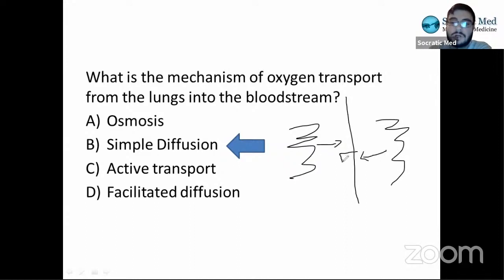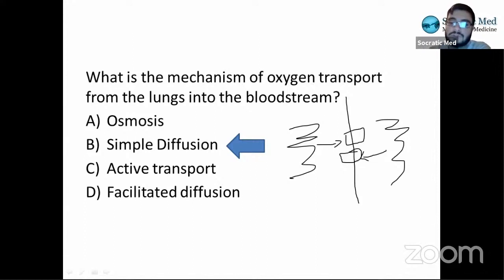You need special channels, like membrane channel proteins, to facilitate the diffusion across the membrane, because it wouldn't normally be able to go through. Oxygen's a fairly small molecule compared to things like sugar and proteins, so it has no problem diffusing simply across the membrane. It doesn't need to go through channels.